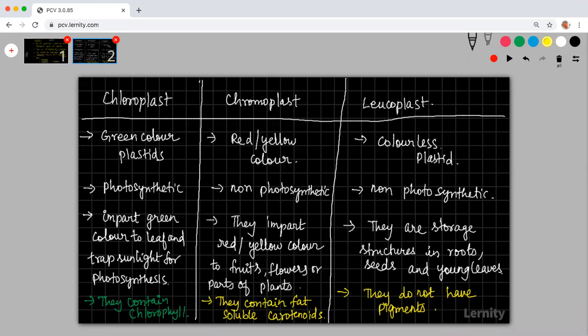Everything develops from the endoplasmic reticulum. Whereas mitochondria or plastids are not formed from the endoplasmic reticulum. They are independent autonomous bodies. So we consider them not part of the endomembrane system. It is just a membrane bound organelle.